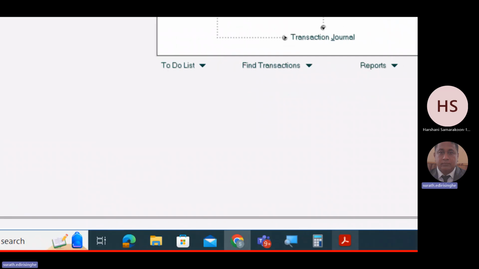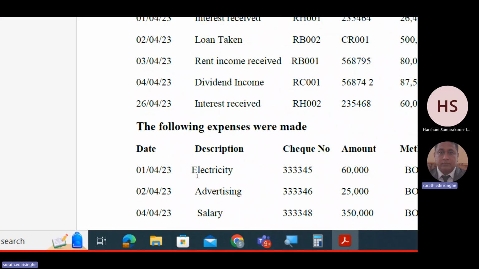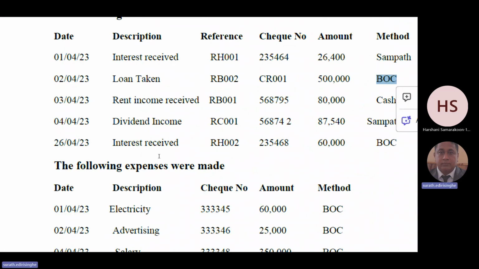To refer this transaction, earlier we took the bank loan, no? Which bank loan? HNB bank loan, no? Right. HNB bank loan. You note it down here in your notebook or your Word document.